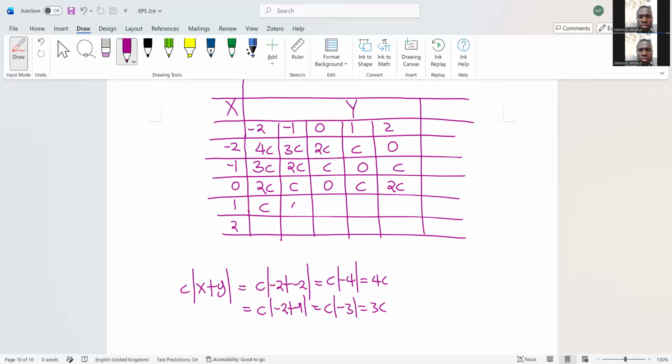Then C, 0, C, 2C, 3C. Then 0, C, 2C, 3C, 4C.